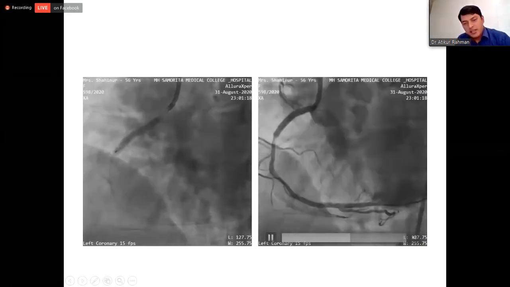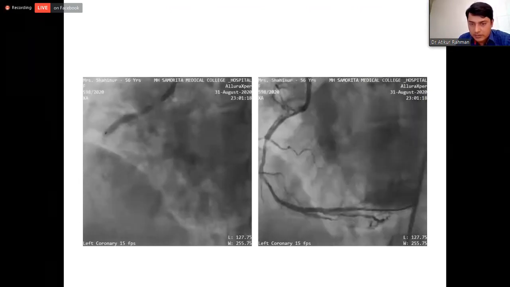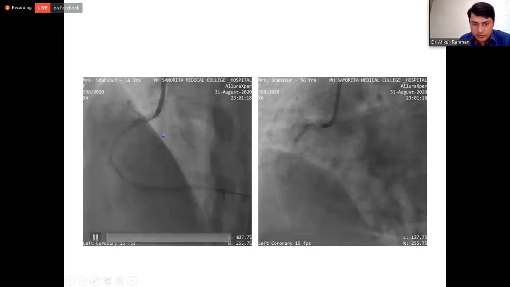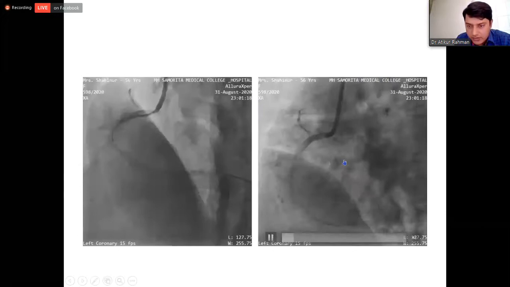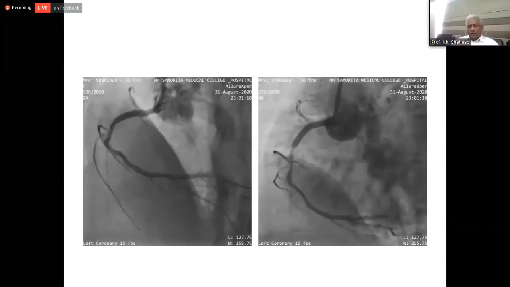And this is the scene after the stent deployment. This wire is still inside, and this is after removal of the wire.